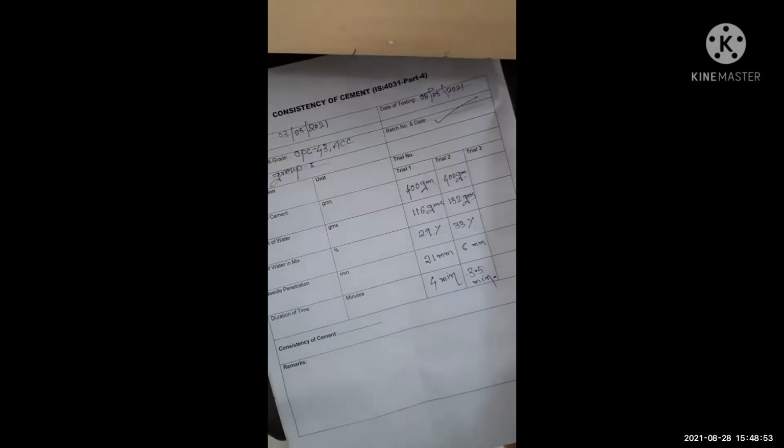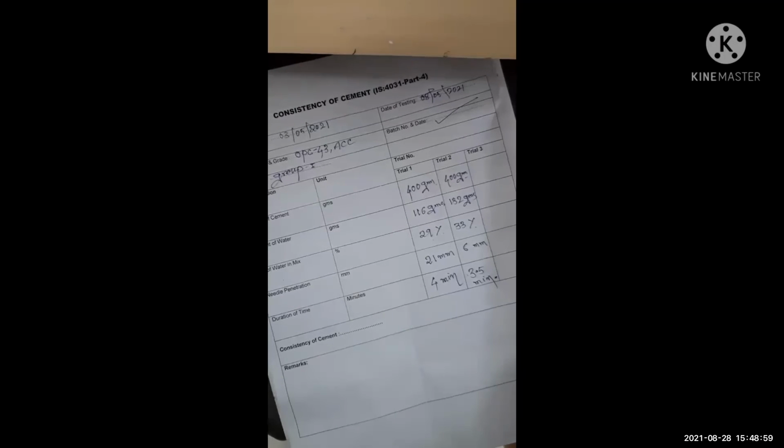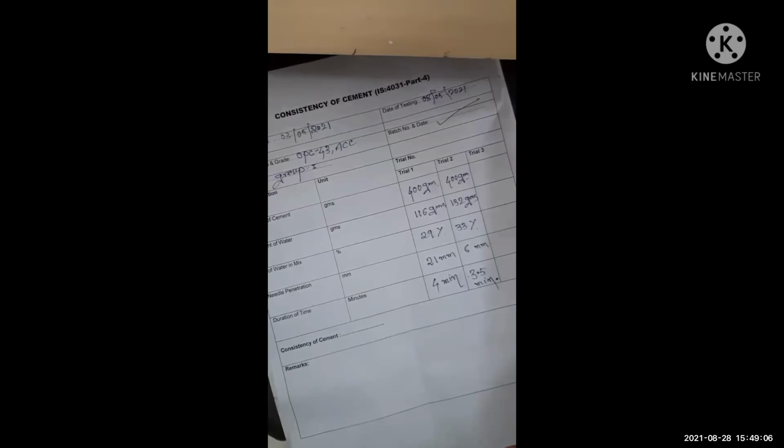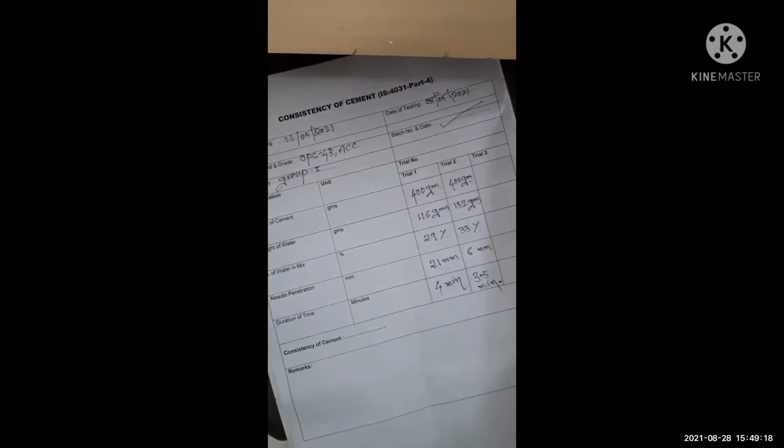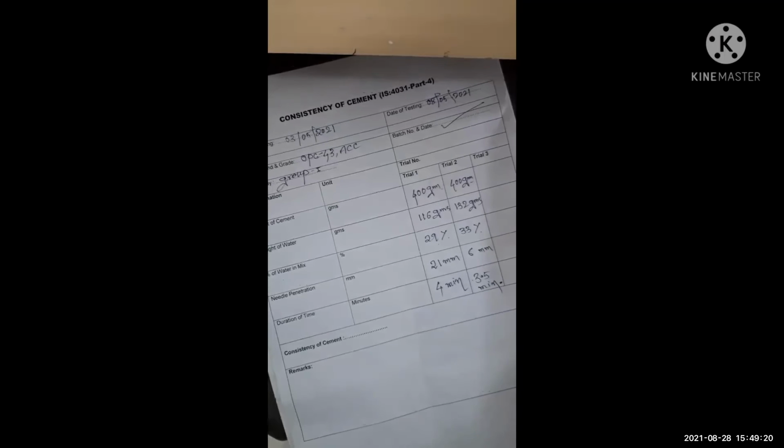See, in our first trial, we found 21 millimeter as the needle penetration, which is so far from 7 millimeter. Keep in mind one thing: if your needle penetration value is more than 7 millimeter, then simply add more water. And if needle penetration is less than 5 millimeter, then decrease the quantity of water.